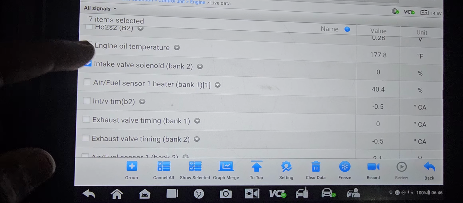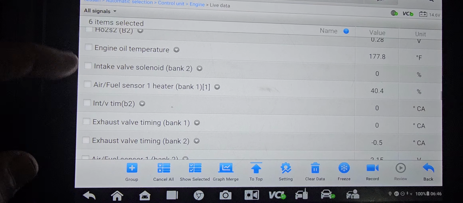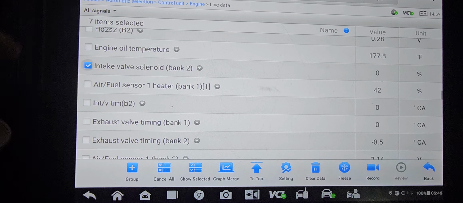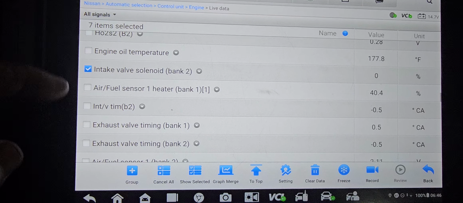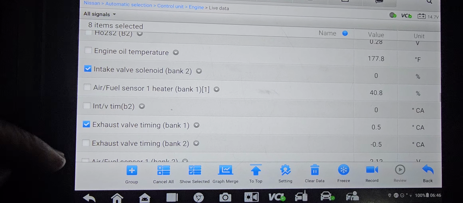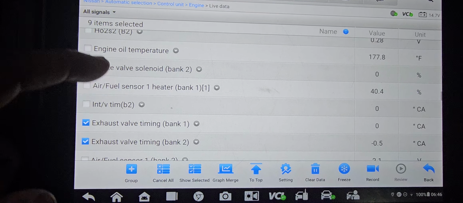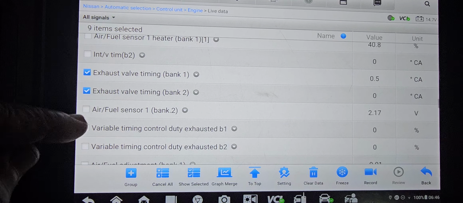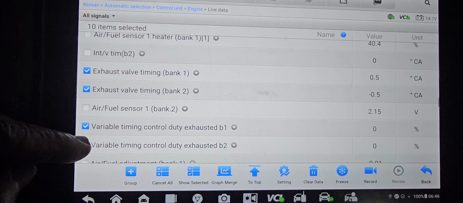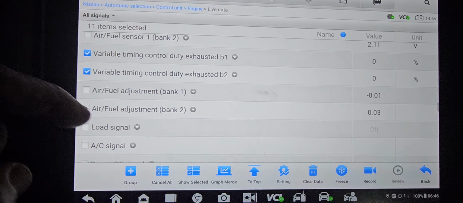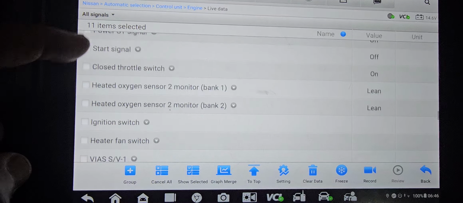Intake time, intake valve solenoid bank 2, exhaust valve timing bank 1, exhaust valve timing bank 2, variable timing controlled by duty, and then I have another thing.